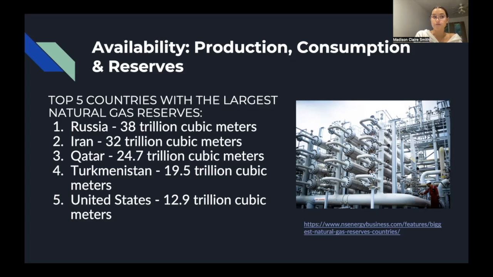And a little later on, we're going to be discussing the effects of the Russia-Ukraine war on our natural gas global market. Number 2 is Iran, 3 is Qatar, 4 is Turkmenistan, and 5 is the United States, with how much each country has in their reserves.